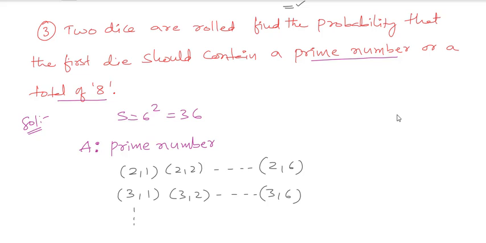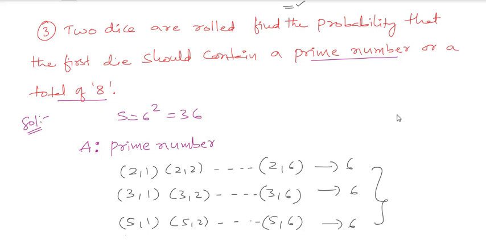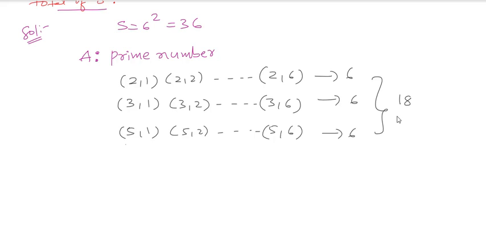Similarly 5, 1, 5, 2 and so on, 5, 6. So 6 will be there, 6 and 6. So total will be 18. Now what's the probability of A? Total possible cases are 18 divided by 36. Then similarly B.